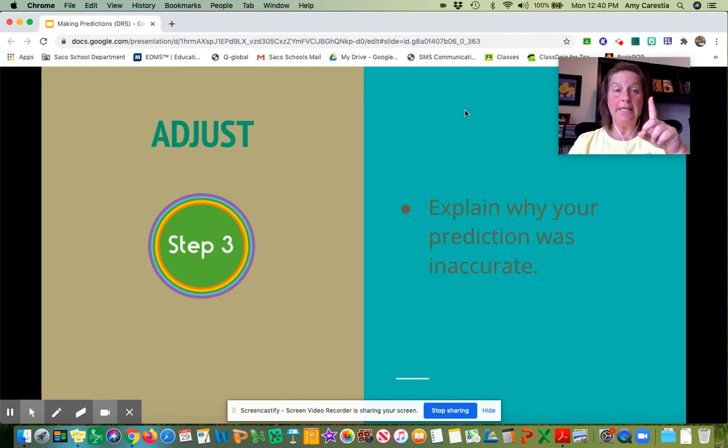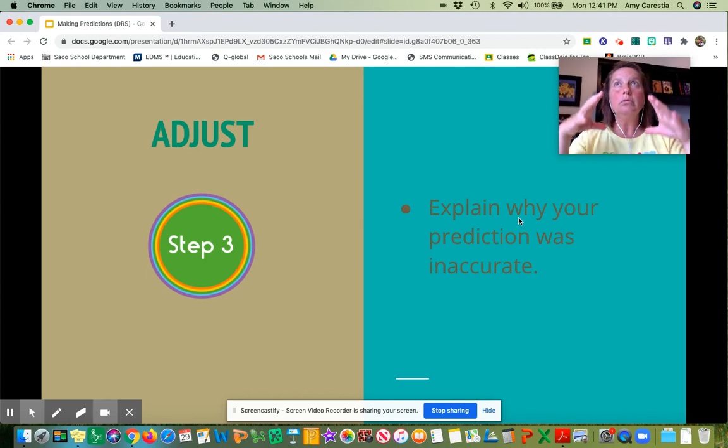The first one is, now that you know that your prediction is not on target in some way, you need to summarize in 1 or 2 sentences what actually happened after you read. Then you need to find textual evidence in the form of a quote to support your summary statements. Finally, this is where you explain how your prediction was different from what actually happened.